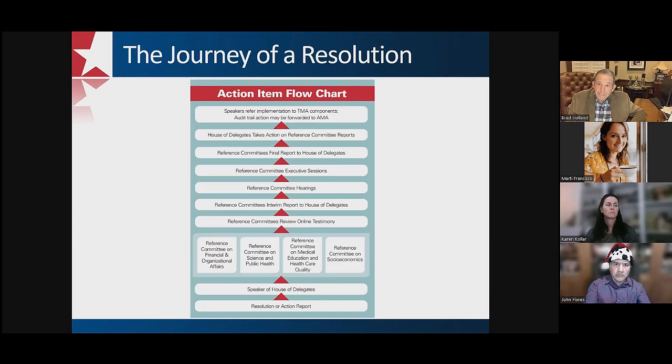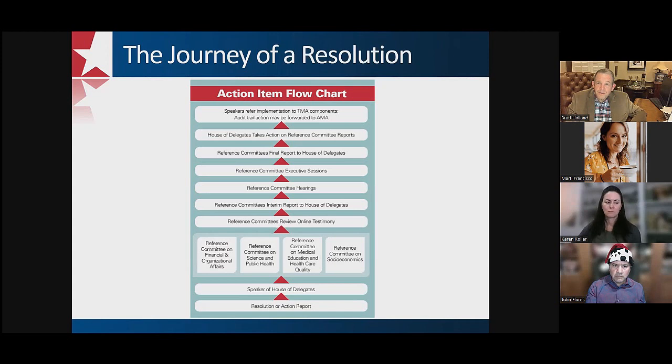And then the reference committee takes all that was heard in the hearing, along with the submitted written testimony that was online, and tries to come up with the very best recommendation for what should happen with your idea, with your resolution, and introduces that then as a final report to the House of Delegates.